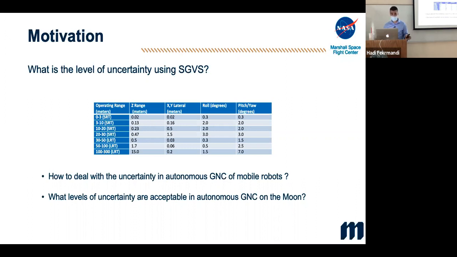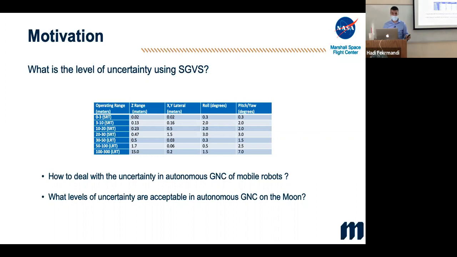These data were measured and collected by NASA Marshall in very good conditions, obviously. They have also been repeated for another target. We have SRT and then LRT. LRT is the long range target, and it uses larger and brighter LEDs so that they can be seen from further away, up to 300 meters.